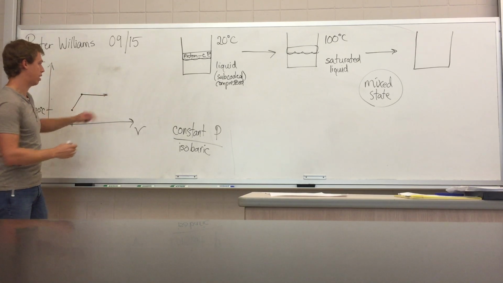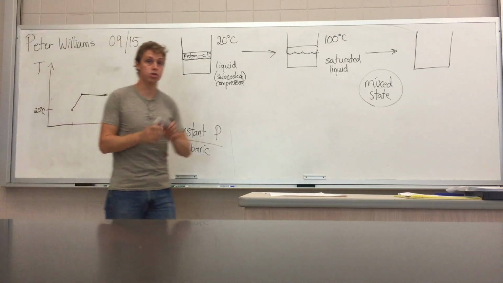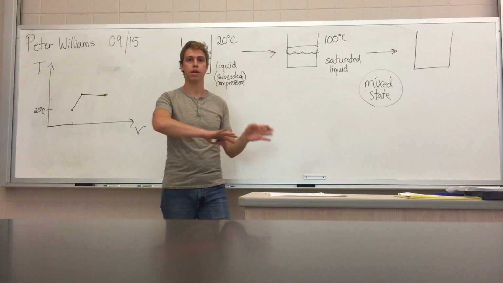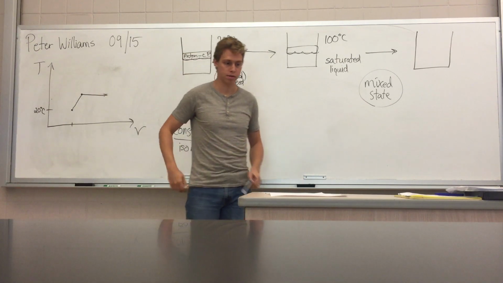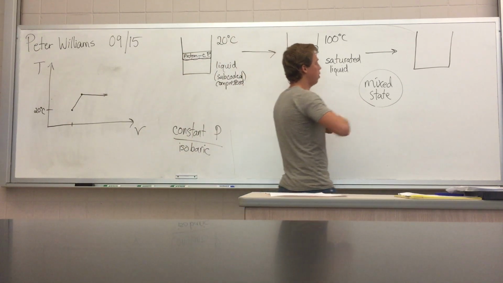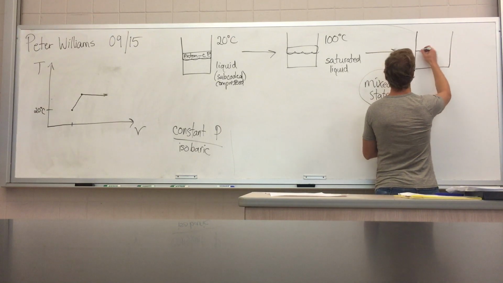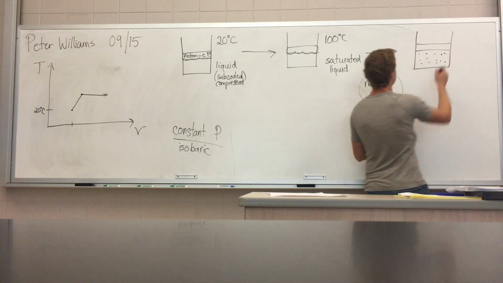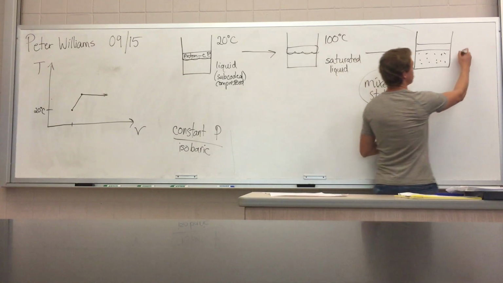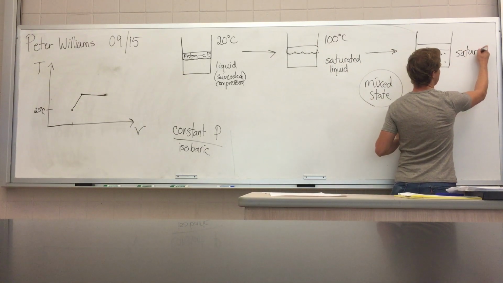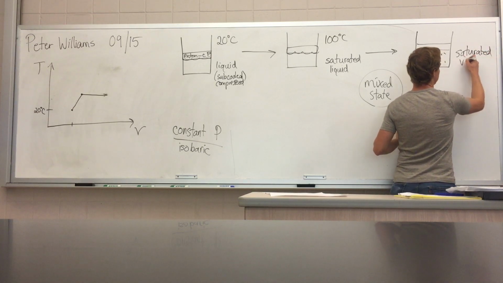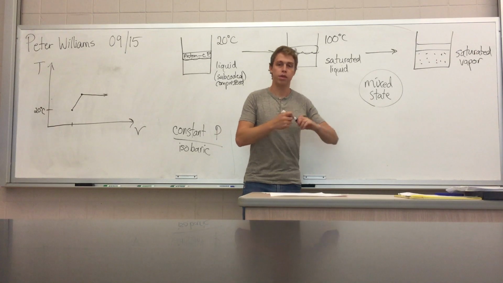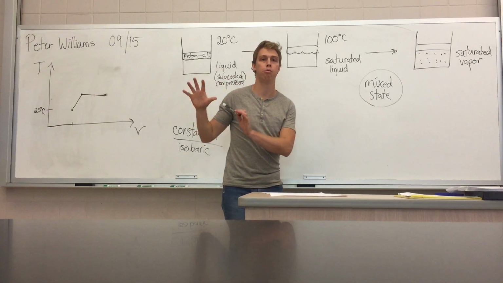Okay, so we're just heading that way until we do reach that magical point where all the liquid has been converted into vapor. And that is the point where we have saturated vapor. So now all of it is in the vapor state, and this is called saturated vapor. Now, remember the saturated liquid was liquid that was just about to become vapor.